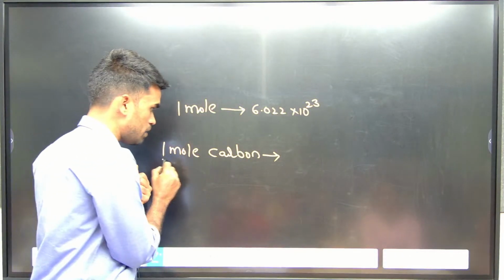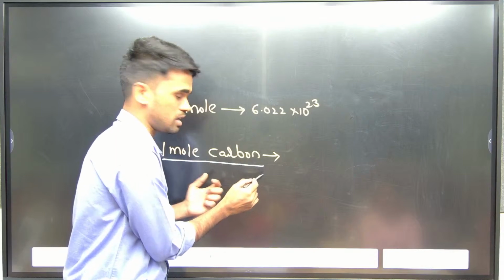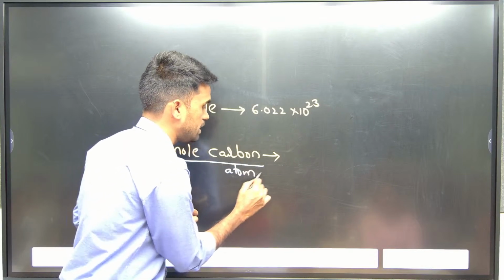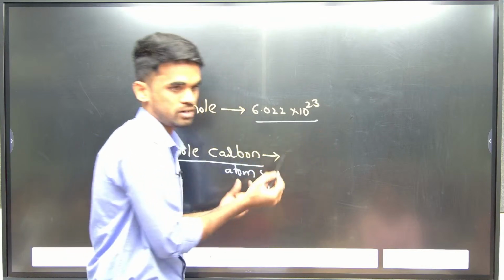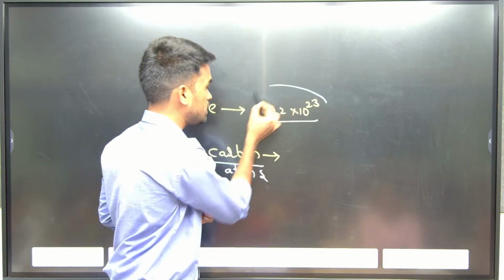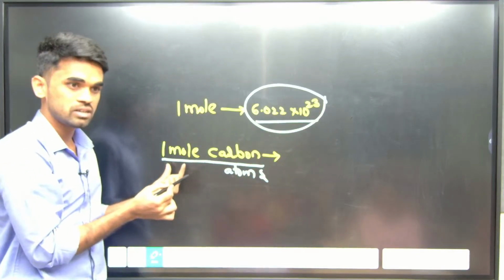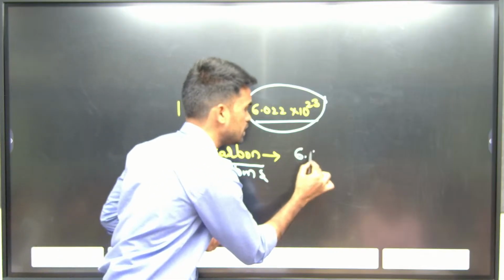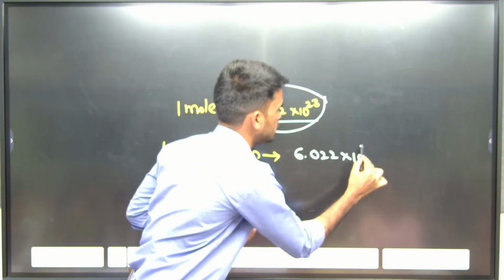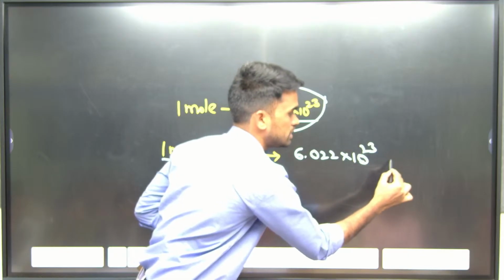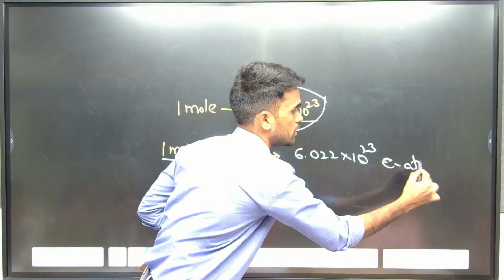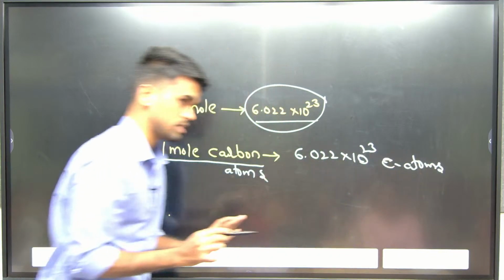It means 1 mole of carbon atoms contains this many carbon atoms. Instead of saying this big number, I am using the word mole. It means 6.022 into 10 power 23 carbon atoms.